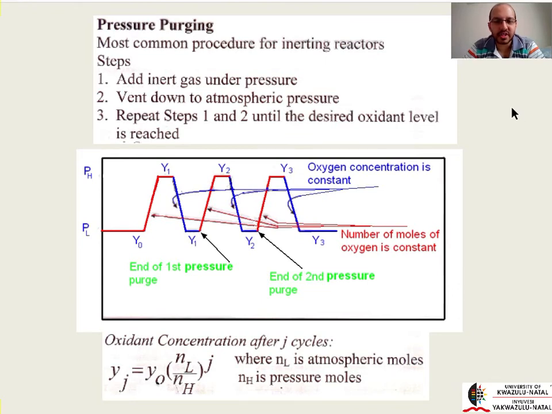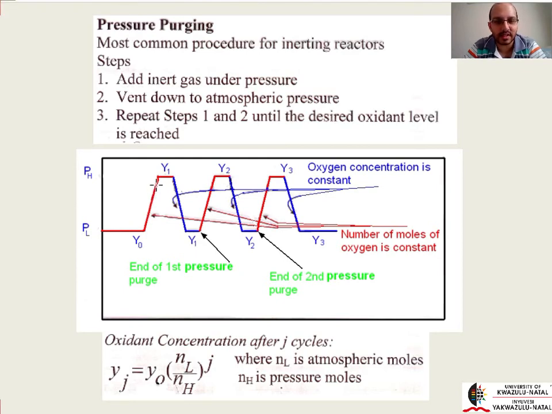Okay, so with pressure purging, again represented by a similar equation. So if this is your actual pressure, you start off by closing all exit valves and you pressurize. So you pump in inert. The moles of oxygen in your air pocket is not changing at all.